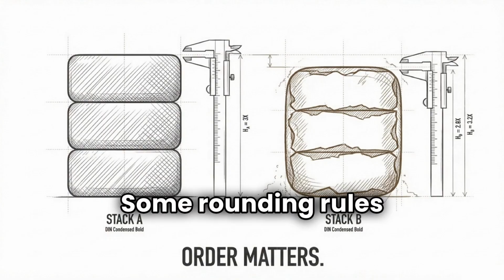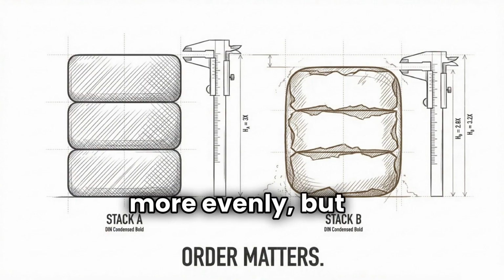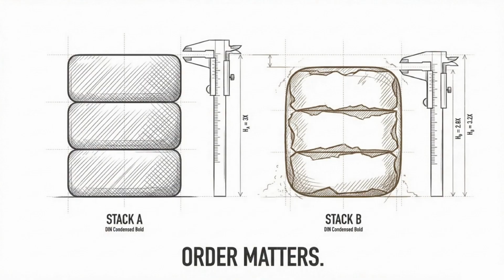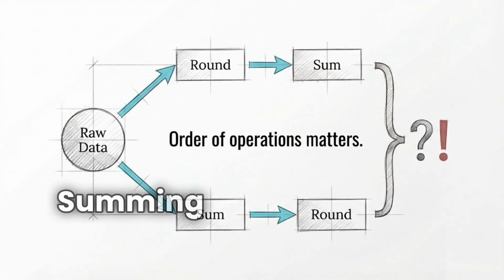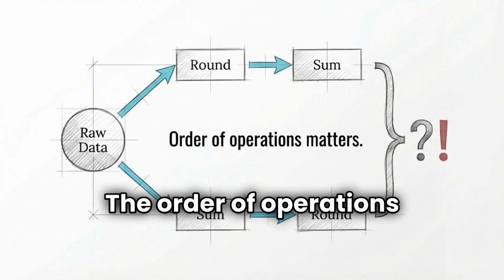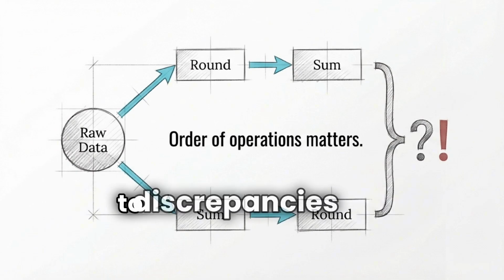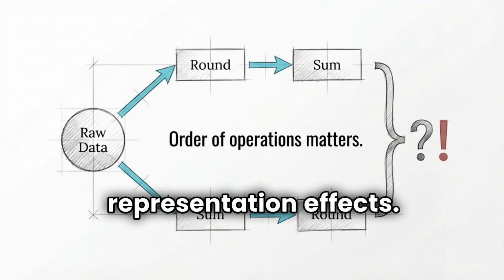Some rounding rules consistently push values upward or downward. Others distribute error more evenly, but at the cost of complexity. Finally, rounding interacts with aggregation. Summing rounded values produces different results than rounding summed values. The order of operations matters, and this can lead to discrepancies that are difficult to explain without understanding representation effects.